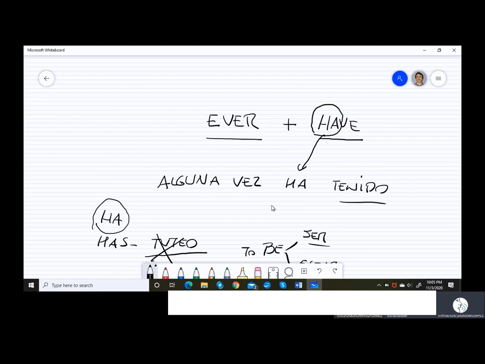Another way of saying it, because it doesn't have to be 100% that way, I've also seen this a little simpler as alguna vez le operaron. Okay, that's another possibility that's going to work. Alguna vez le operaron o alguna vez ha sido operado. Okay.